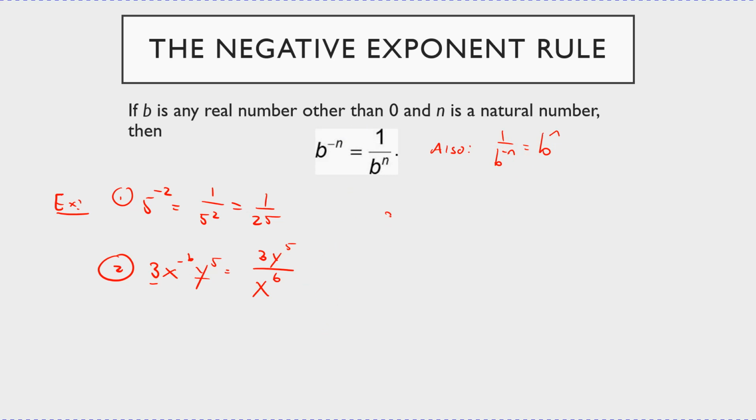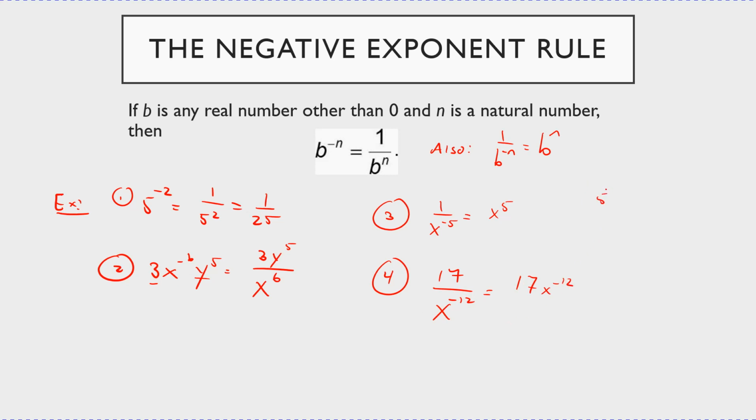For example, if you had 1 over x to the negative 5, you can make this exponent positive by bringing it up from the denominator. Also, if you have something like 17 over x to the negative 12, this could come up and become positive as 17 times x to the 12.